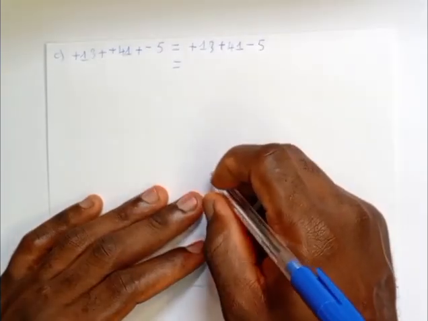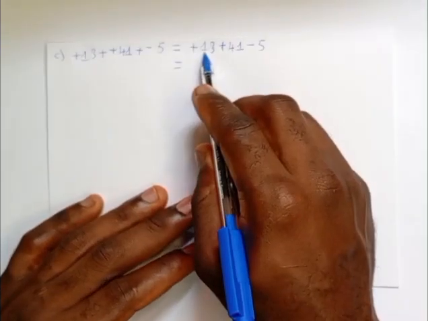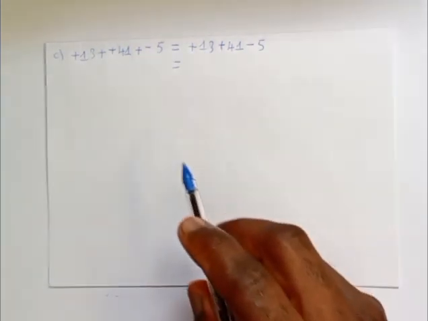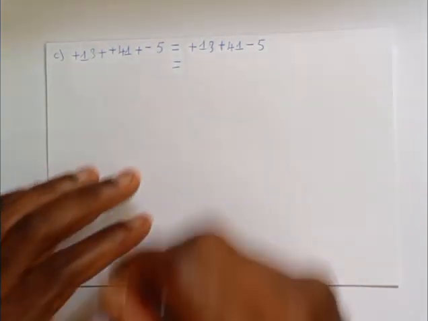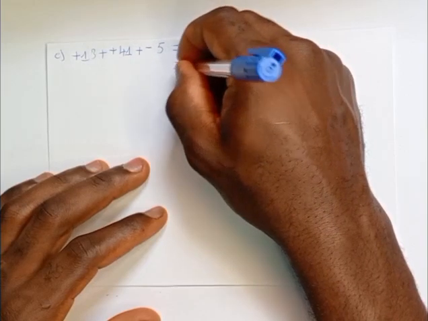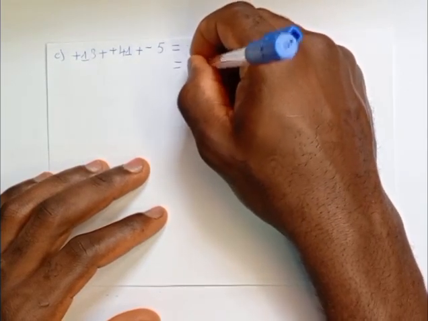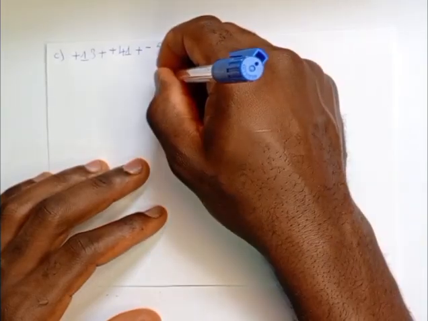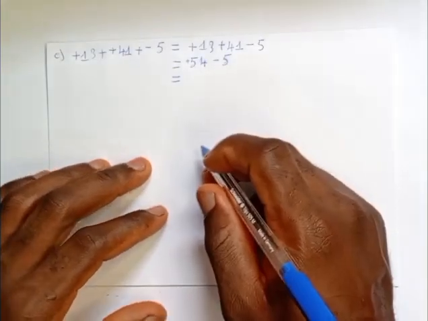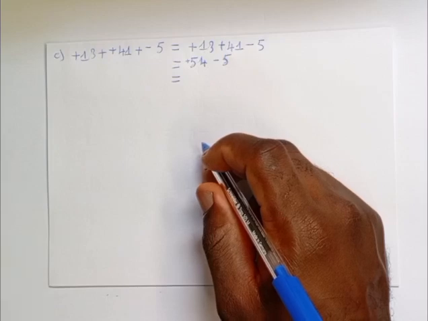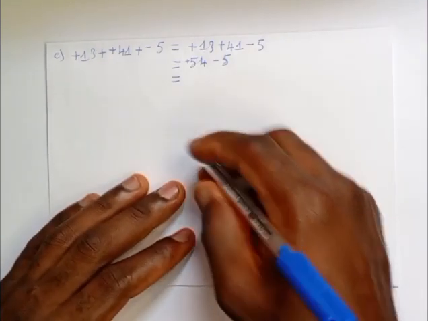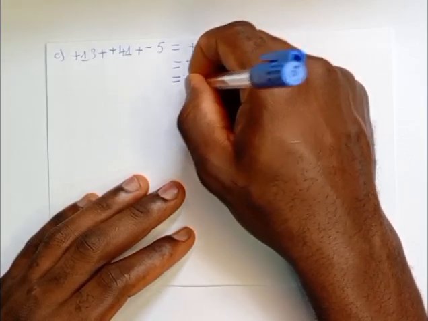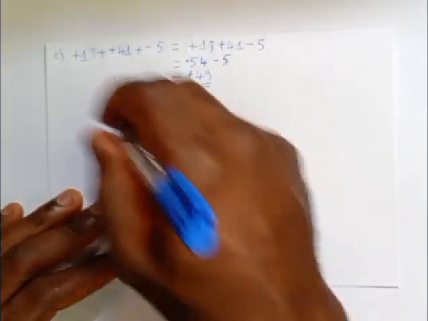And this will simply be equal to positive 13 plus 41, which gives us positive 54 minus 5. This will simply be equal to 54 minus 5, which gives us positive 49.